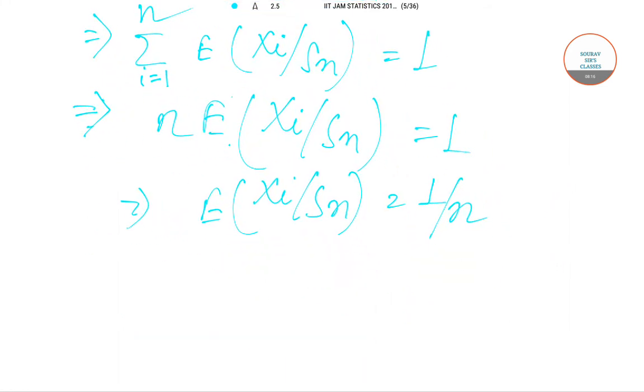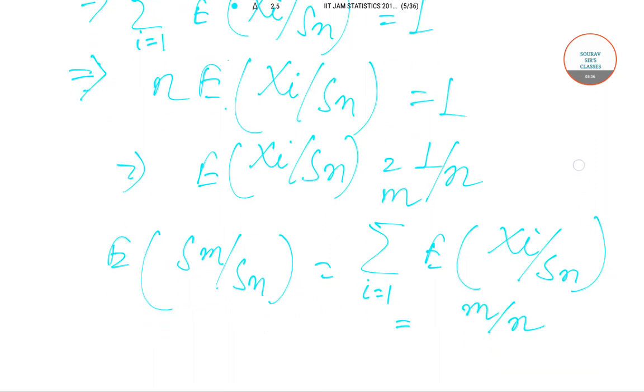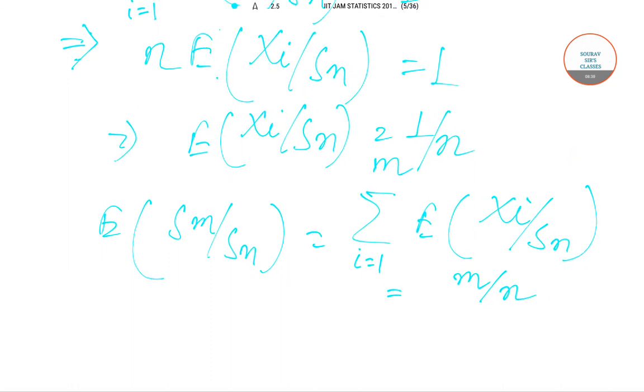Now we need to calculate expectation of Sm by Sn. This gives us summation of expectation of xi by Sn, where the limit of summation is i equal to 1 to m, and this results into m by n. Now in the question we are given expectation of x1 plus x2 by x1 plus x2 plus x3 to calculate.